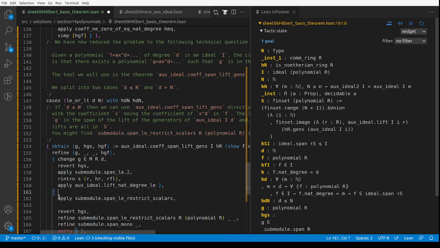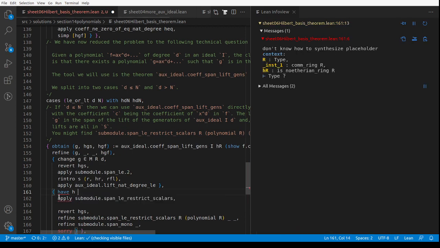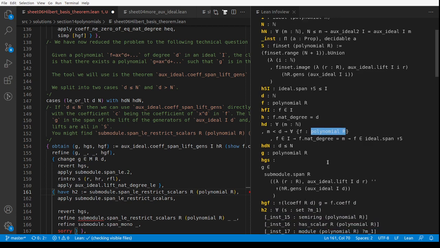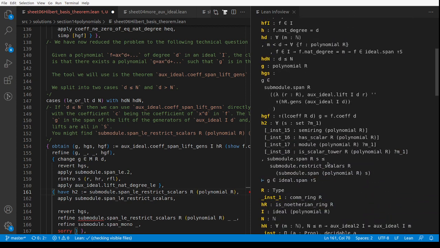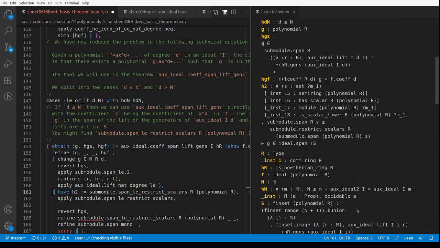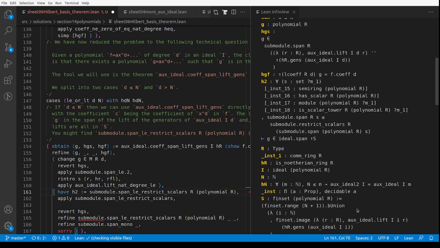So have H2 colon equals this. So what does H2 say? Okay, I've finally given in. H2 says for all S which is a set, so what's the set going to be? Where's the goal?